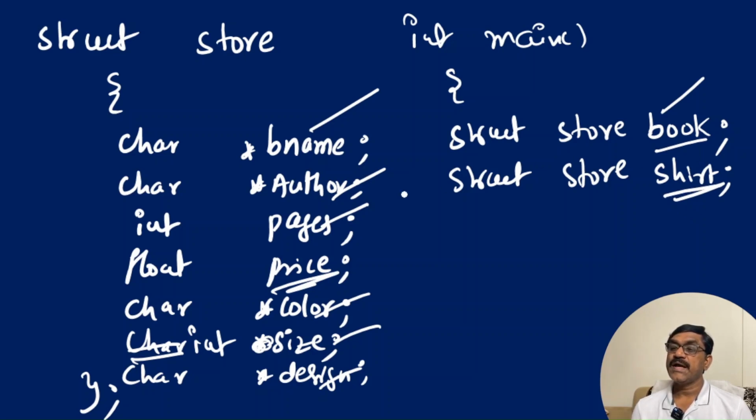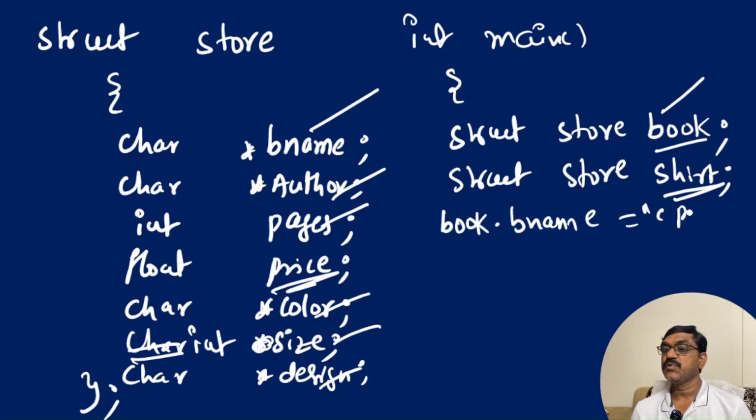Now, how to access these members of the store using book? The items of the store can be created like this. book dot bname is equal to, for example, C programming. Next, book dot author equals, here we are writing Balaguruswamy.